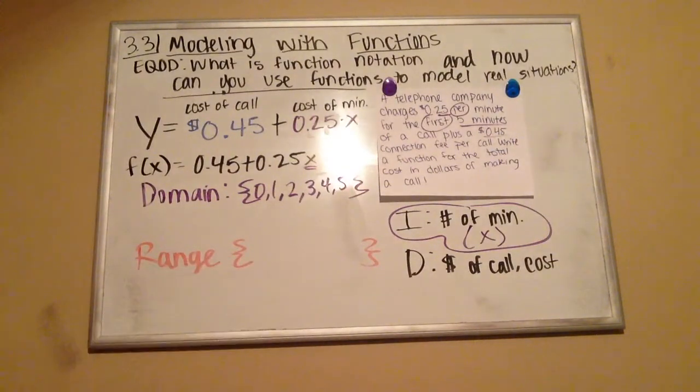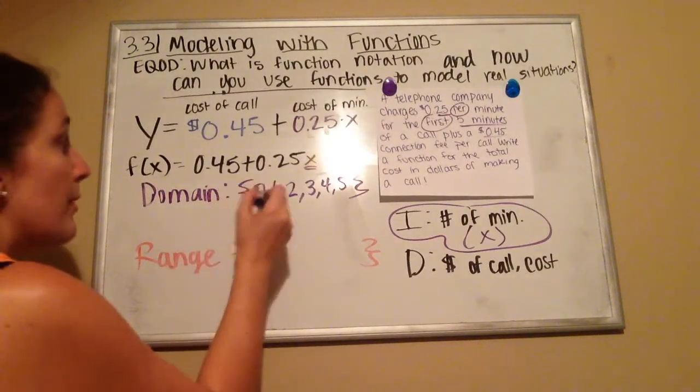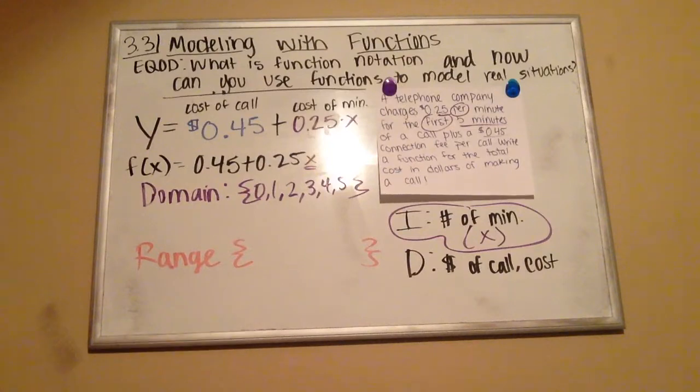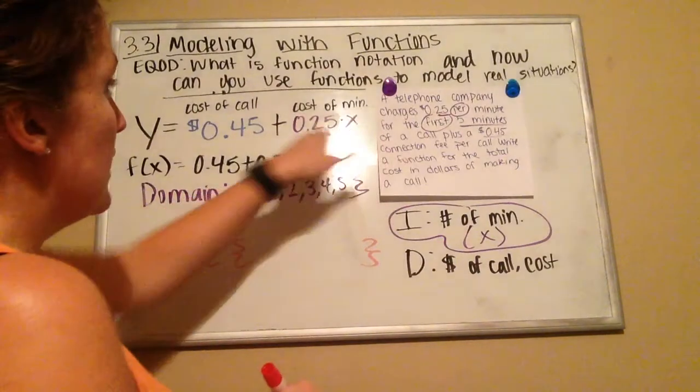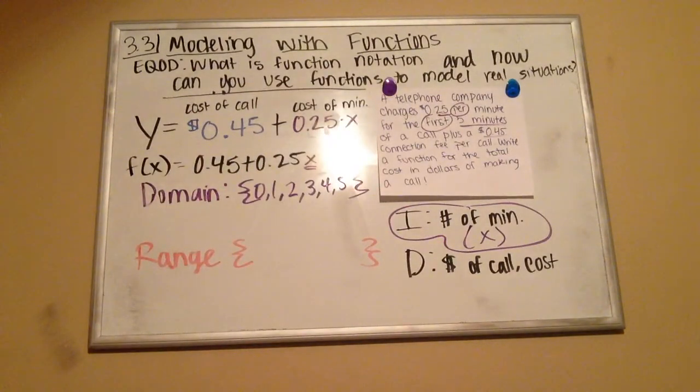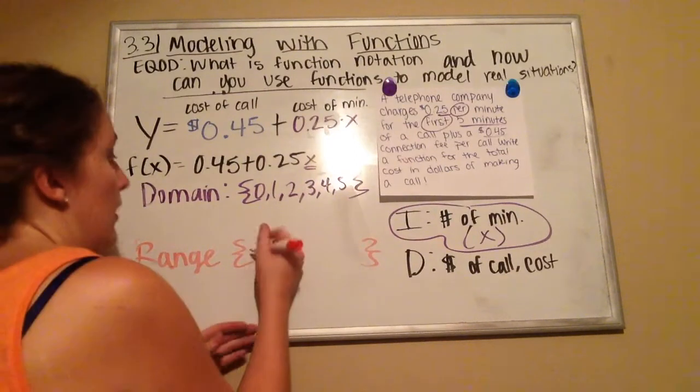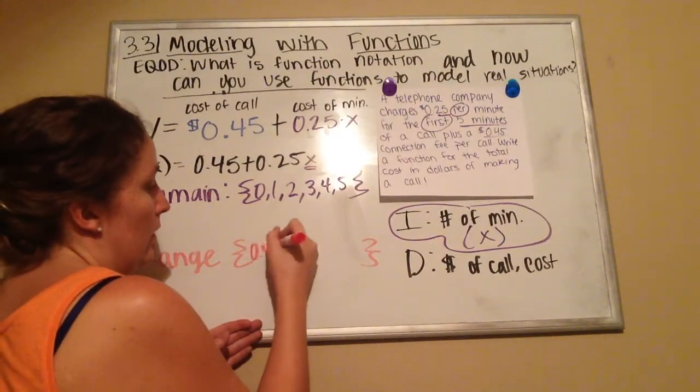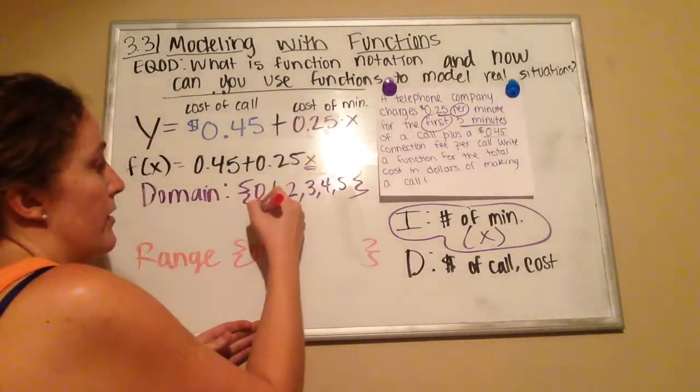And so our range is thinking, what happens when we plug these x's in? What kind of y values do we get out? So if we plug 0 in for x, we get just 45 cents. So it would be a 45-cent phone call. That would be for 0.